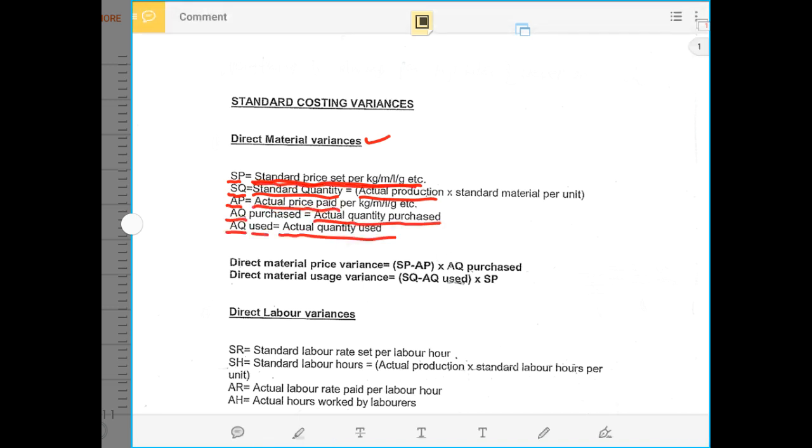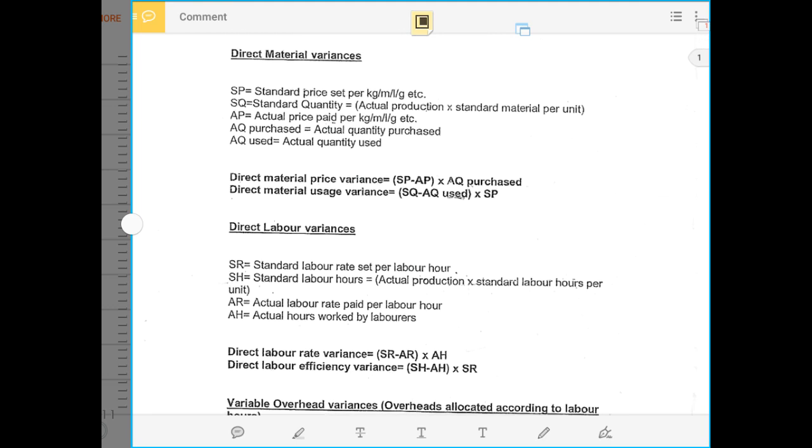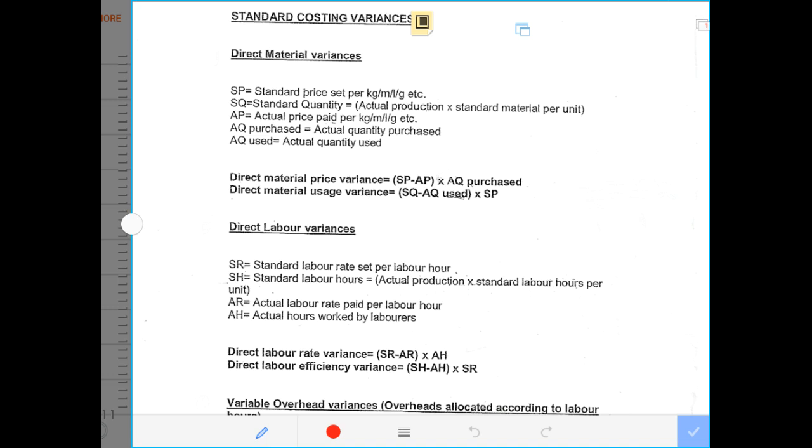That means the kgs of material that were issued to production, because the only time we make use of the material is when it is issued to production. So that will be the actual quantities of material that have been issued into production. As I said, these are the two variances that we will be focusing on, and this is just the terminology that we have to understand in the completion of this variance.